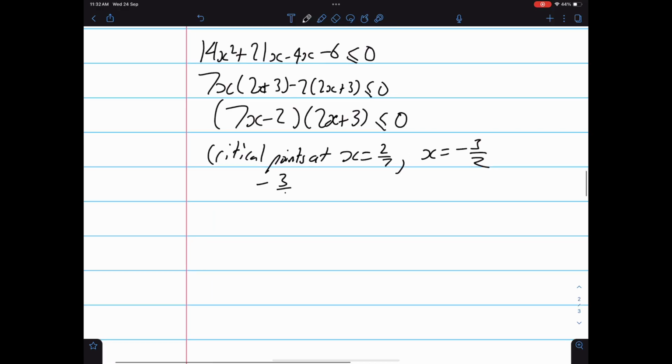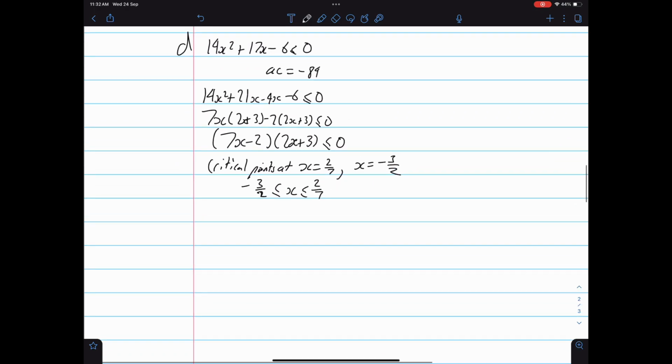And then we'll do this. Because we're going less than 0, we need to be between the 2 points.